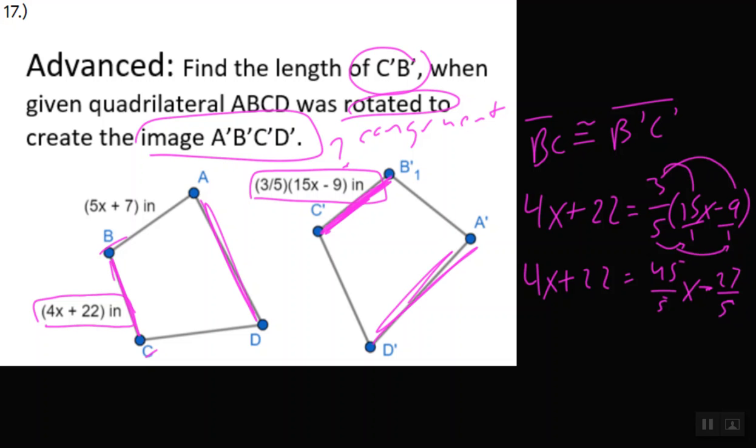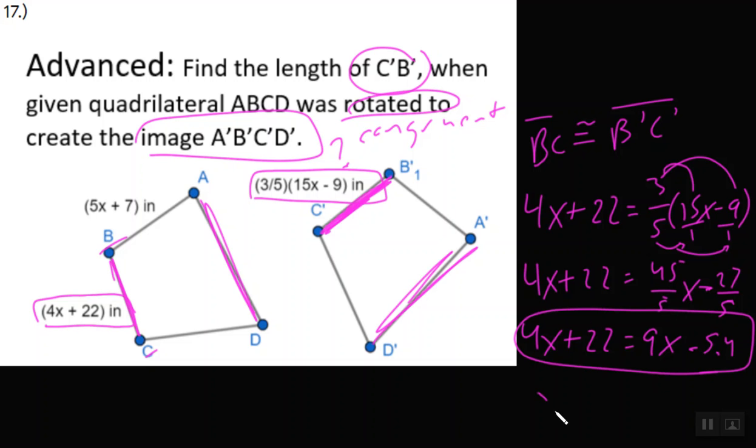Now what would I do if I were y'all? I would actually divide these things and see what I got. 45 divided by 5 gives us 9x minus, and 27 divided by 5, my guess is 5.4, but let me use my calculator. 27 divided by 5, yeah, and so it'll be minus 5.4.